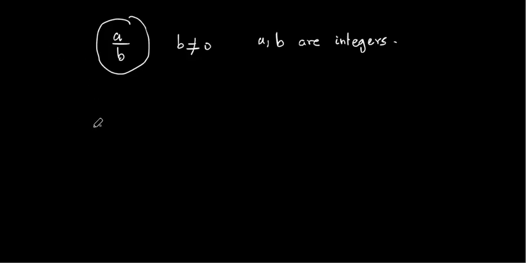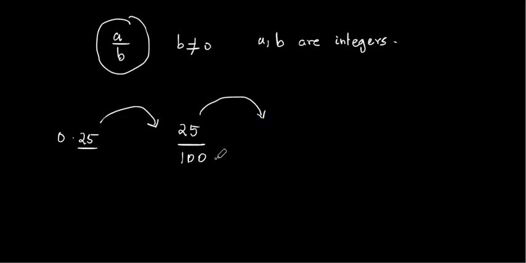First of all, if I'm having a terminating decimal, a decimal which is not repeating, for example 0.25, I know how to convert it into a fraction form. You can make it into 25 over 100, because you have two places, and then do the simplification. You can see that 25 goes in 25 one time and 25 goes in 100 four times.